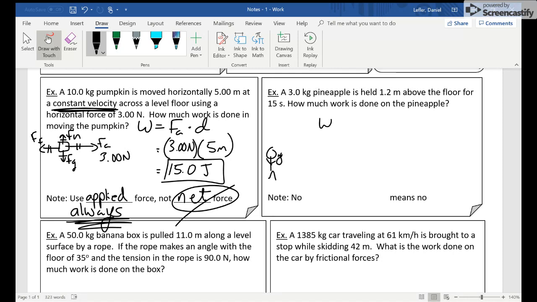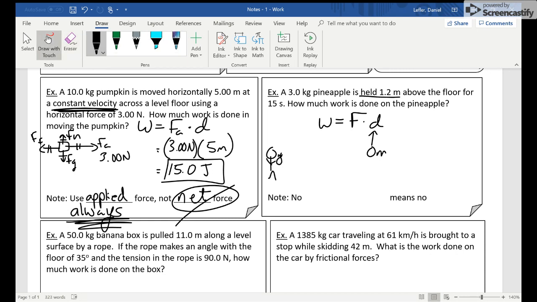So we go to look at our equation, work equals force times distance. In all reality, we can go through and figure out how much force he's using. But the big thing is our distance here is 0 meters. We're not moving, we're just holding it there. So that's the big thing about reading through the problem and not jumping the gun. It's just held above it.